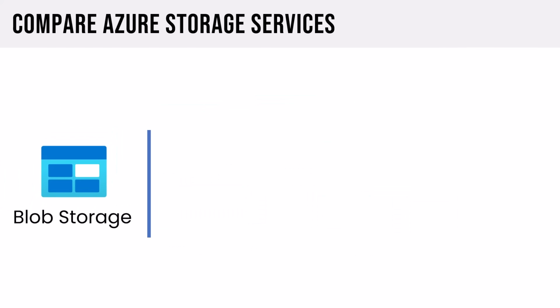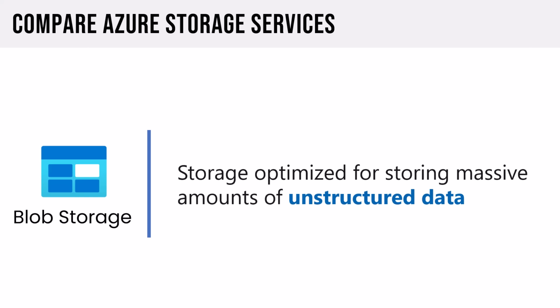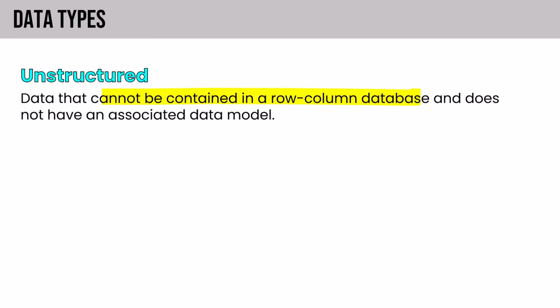We'll begin with blob storage, which is storage optimized for storing massive amounts of unstructured data, which raises another question. What exactly is unstructured data? So let's take a quick sidebar because you'll need to know this concept for the exam. Specifically, unstructured data is data that cannot be contained in a row-column database like Microsoft SQL, and it does not have an associated data model. Good examples here would include images, video files, social media posts.